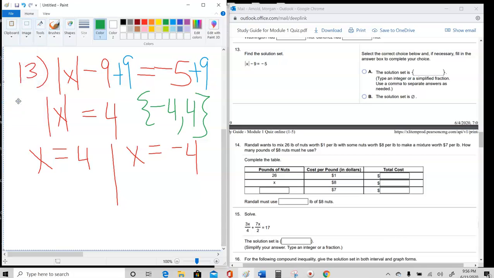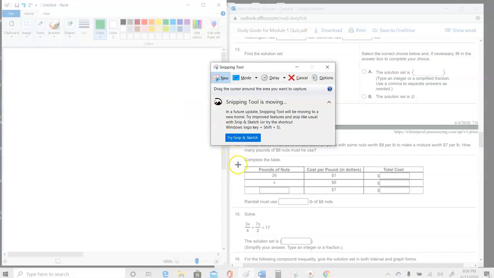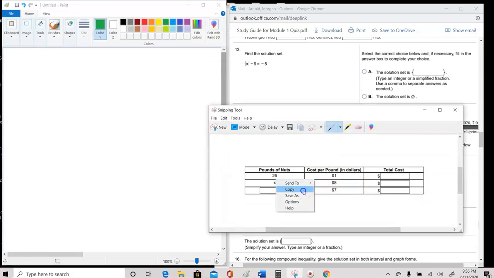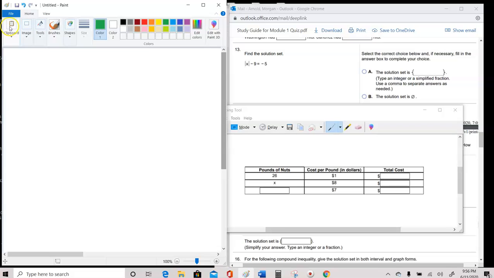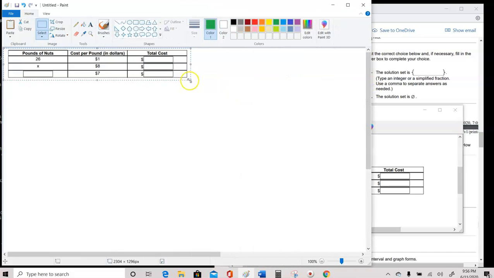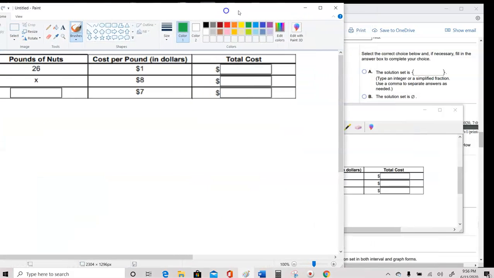I want to copy and paste the given table so we can complete the table. All right, so let me enlarge it so we'll have room to fill in everything. And again, this is question 14.